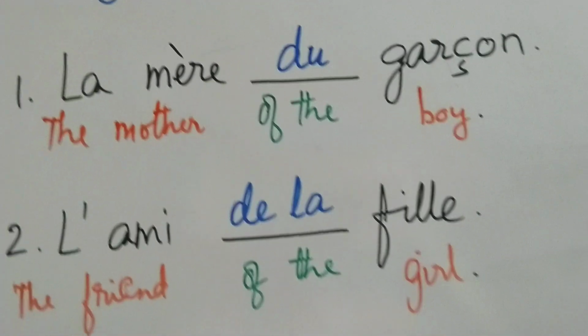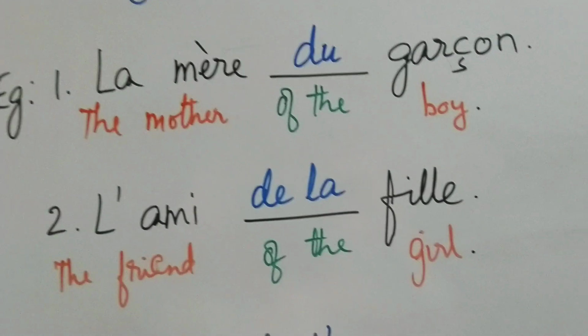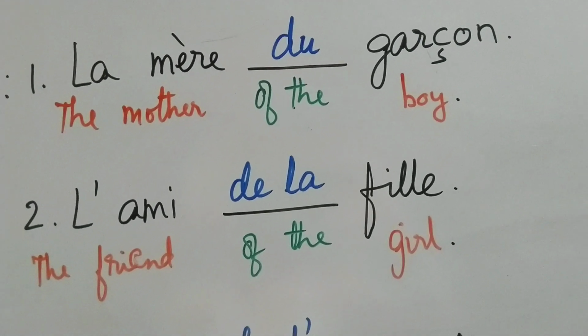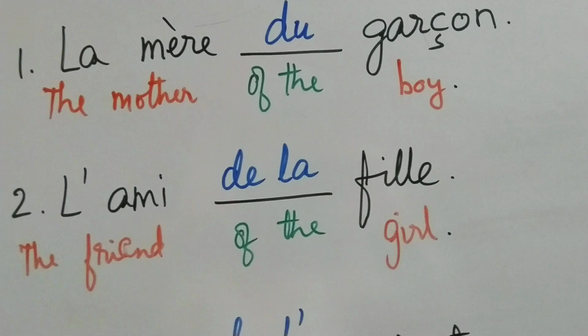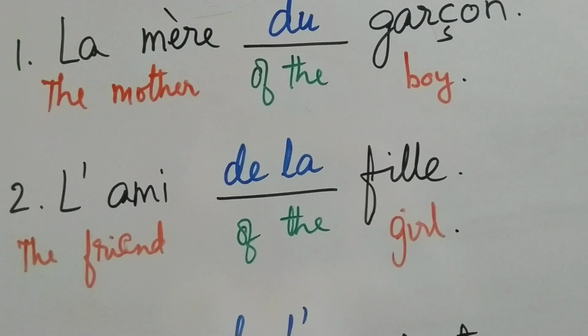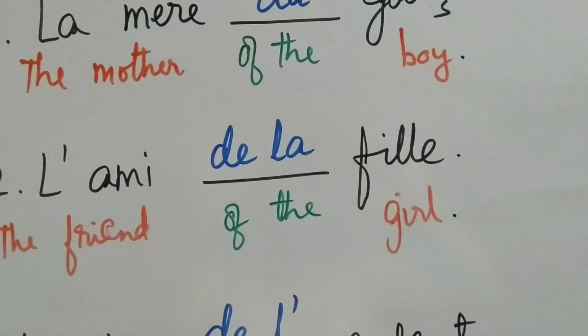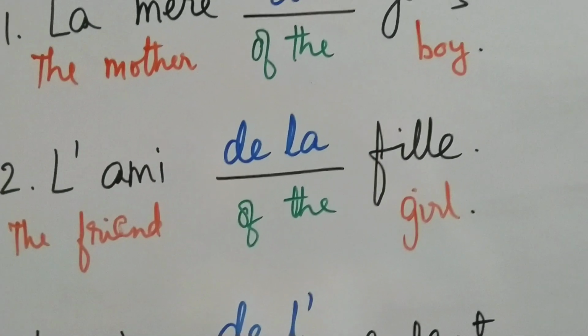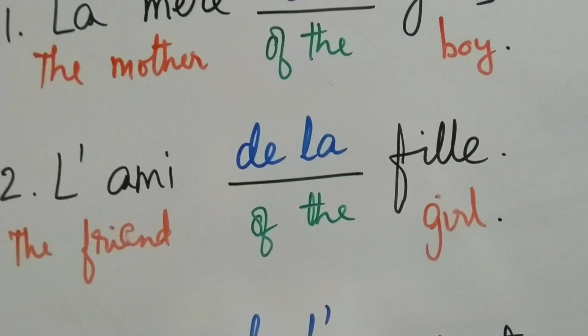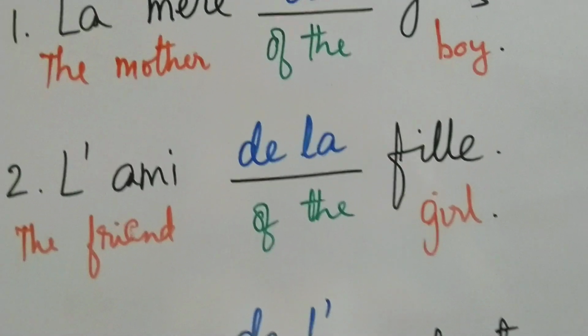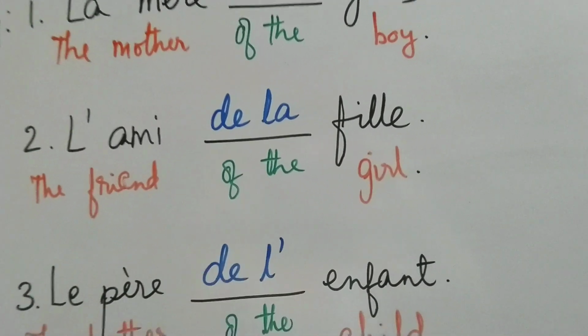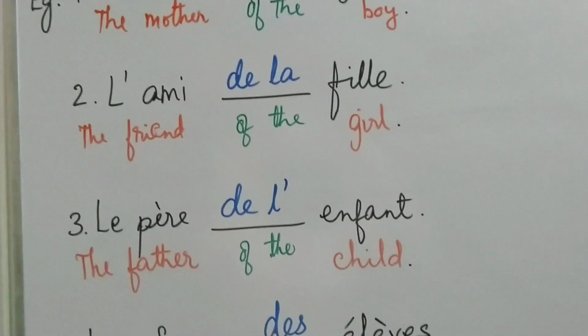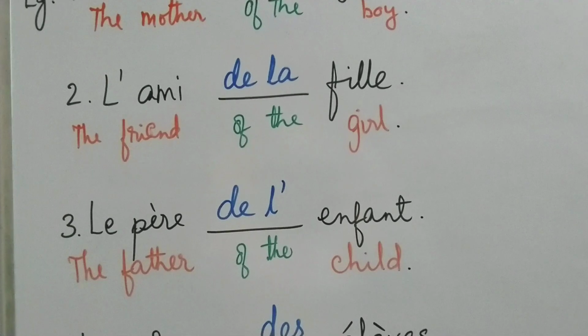In the second example, we see l'ami de la fille, that is the friend of the girl. Now, fille is feminine singular, it ends with e, therefore it is feminine singular. So, de la is used before feminine singular nouns. In the third example, we have le père de l'enfant, the father of the child.